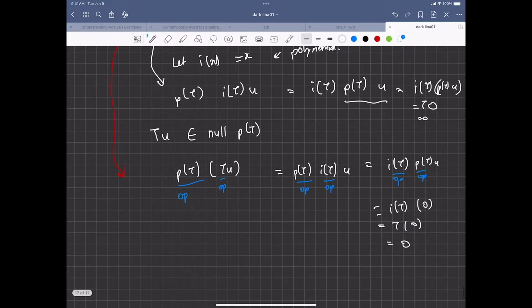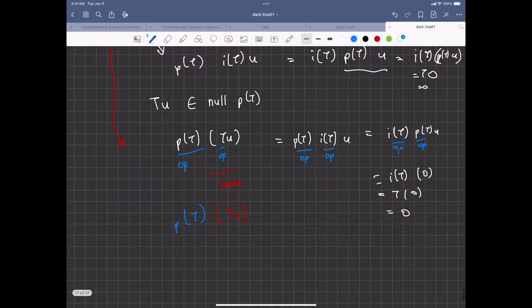on the left side, first of all, note that T of u itself is a vector. So what we're saying is that if we take P of T and apply it to T of u, where the left side is an operator and this is a vector, what do we get out?